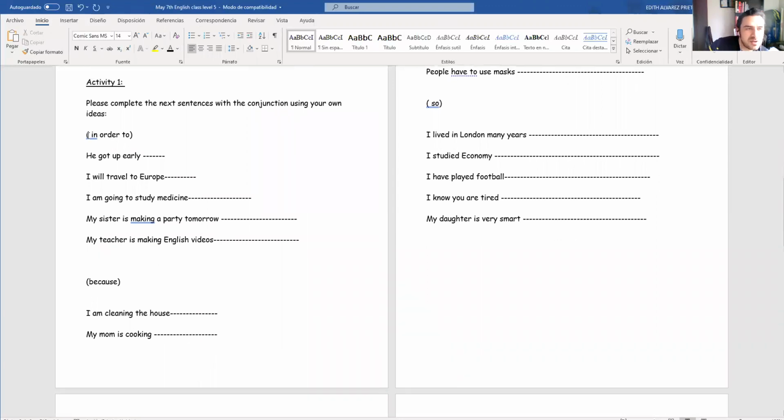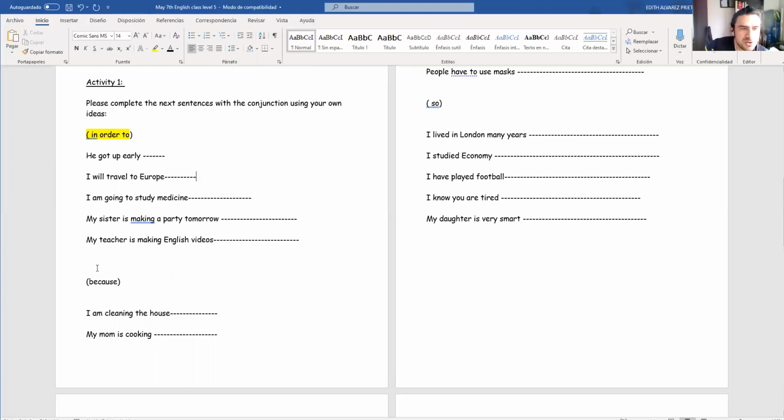Entonces, yo les doy la conjunción de conjunction. ¿So? Entonces, en la primera parte de la oración, ok, complétenla. O sea, ¿cómo la completarían? So, he got up early, se levanta temprano para o con el fin de bla, bla, bla, ok. Entonces, usando tus propias palabras, ok, tus propias ideas, ¿listo?